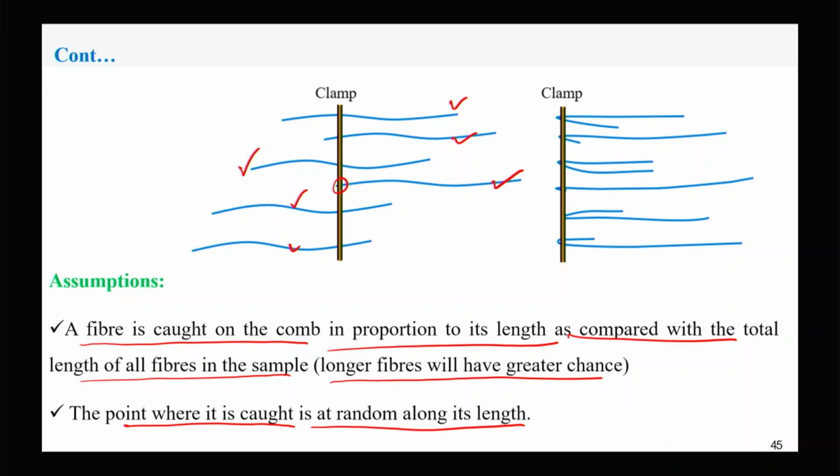So it shows the fibers are picked randomly at any point, and ultimately this is forming a loop. Now, this clamp is used in the fibrogram for scanning. That we will discuss when we discuss the fibrogram. This will create a fibrogram.